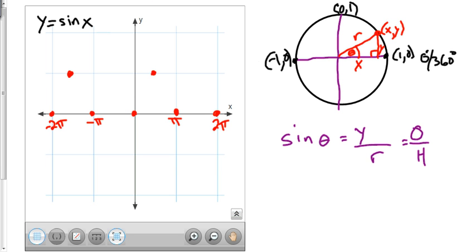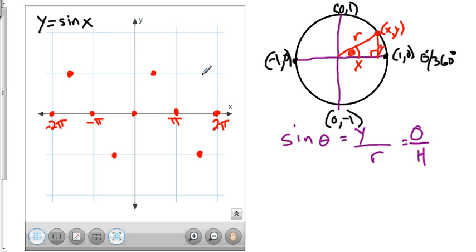All right, let's look at 270 degrees, which we know is (0, -1). Again, 270 degrees is 3 pi over 2, and I see that y is negative 1, so that's going to affect our sine value. The radius is always going to be 1, so 3 pi over 2 has a sine of negative 1. 270 is also the same as negative 90 degrees, which is negative pi over 2, right here.